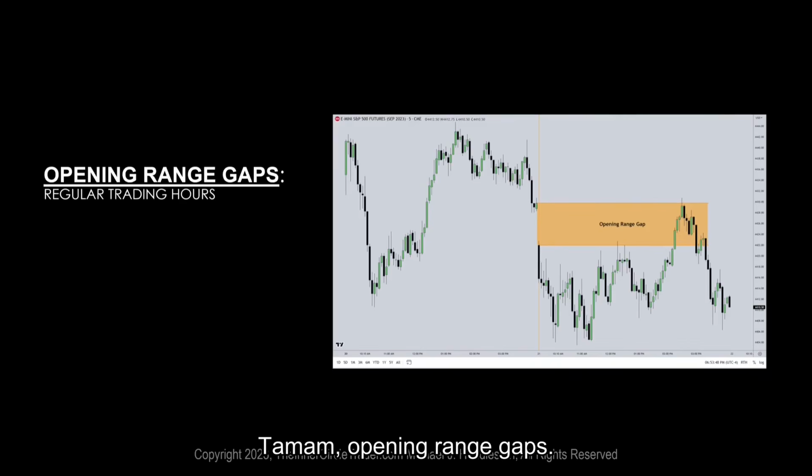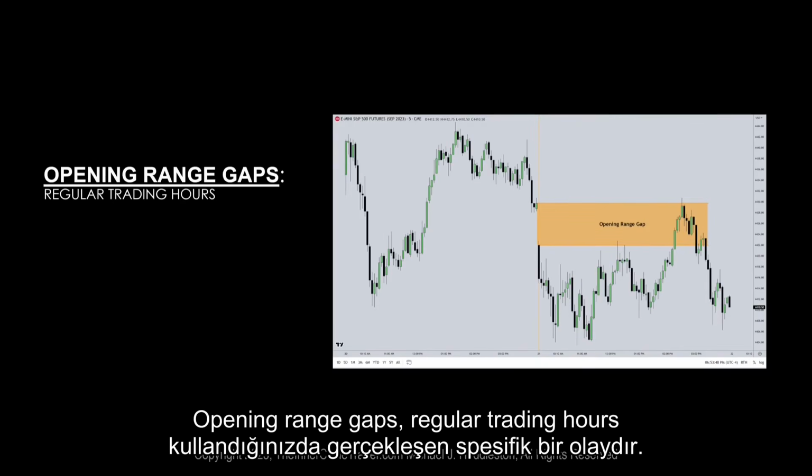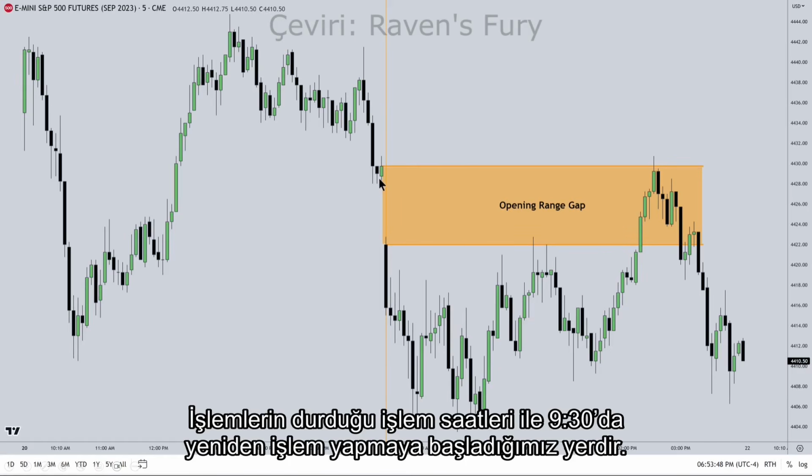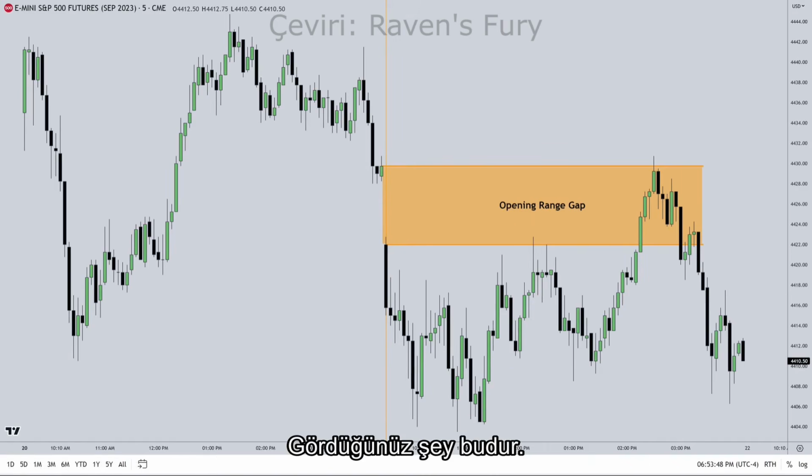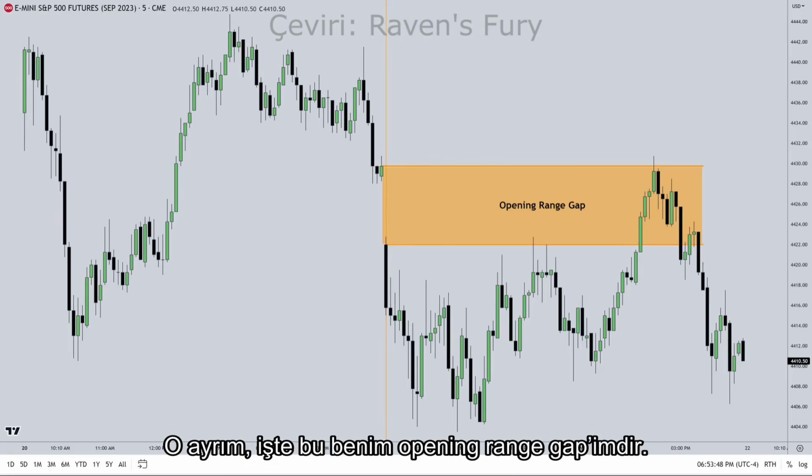All right, opening range gaps. Okay, opening range gaps are a specific event that takes place when you're utilizing regular trading hours, where we stop trading for the regular trading hours and where we start trading again at 9:30's opening bell. That's what you're seeing, okay? That separation, that is my opening range gap.